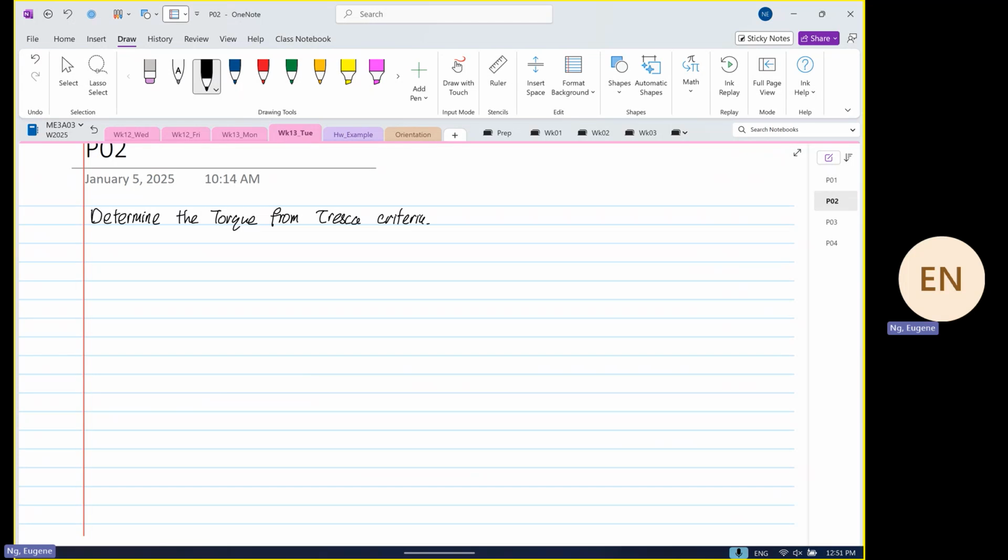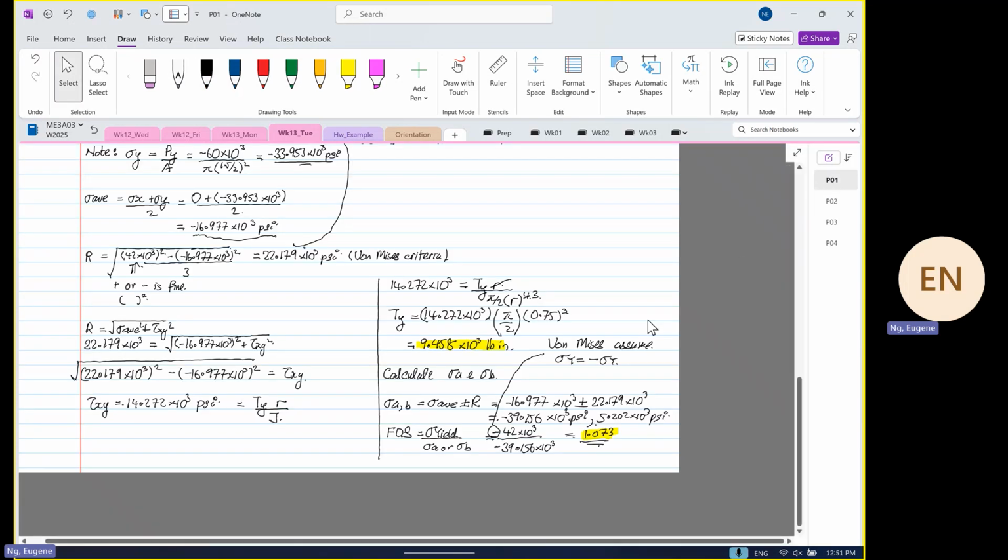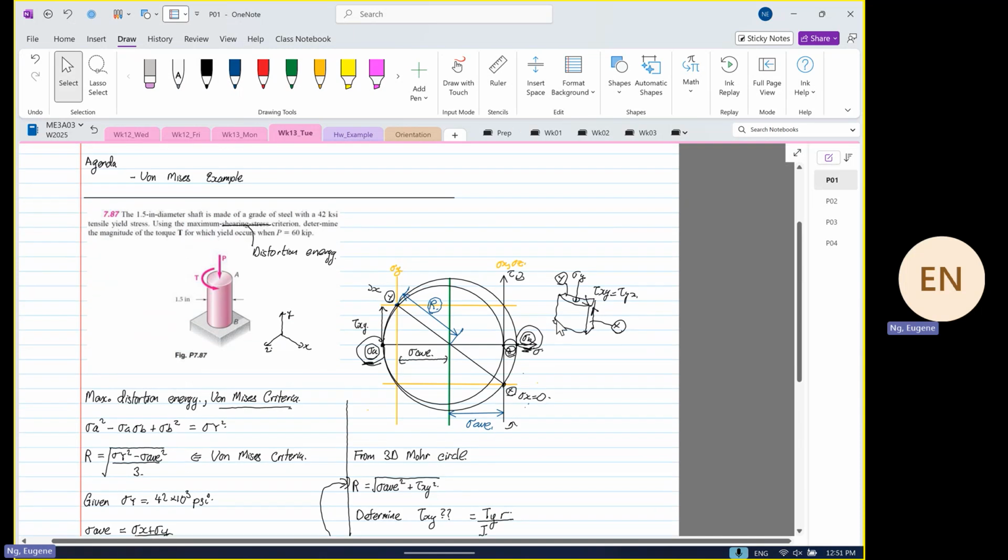We are going to determine using Tresca criteria now. Whether we use Tresca or von Mises, the Mohr's circle is still the same. So we are going to do the same. This is a very good term test question.